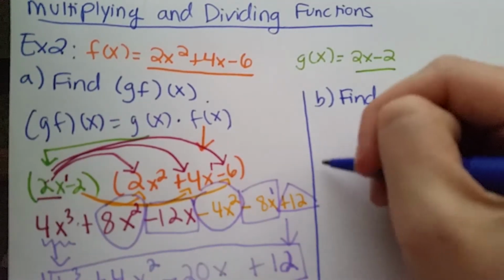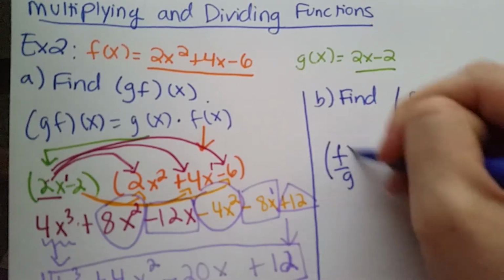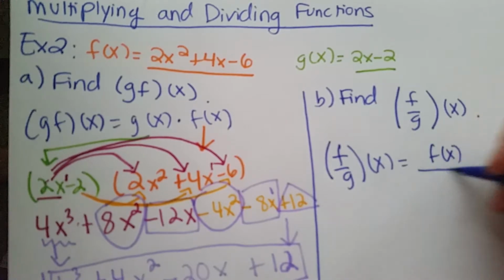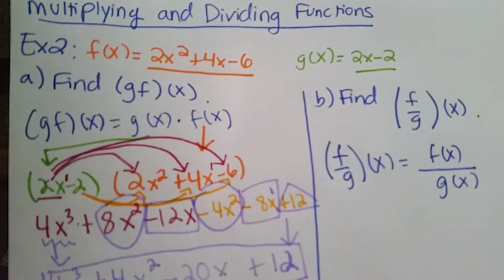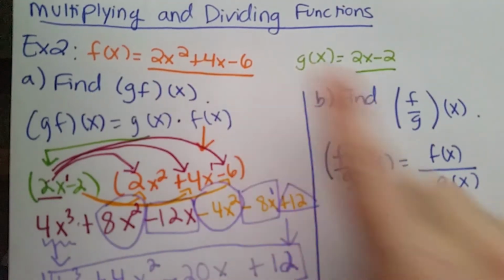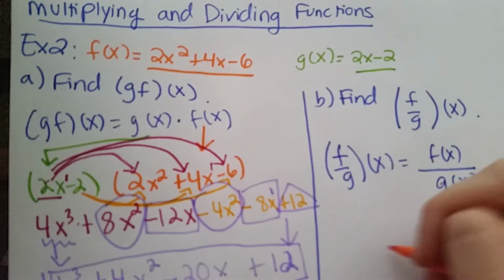The f divided by g of x can be rewritten as f of x divided by g of x, and since fractions mean division, you can write it as a fraction. So I'm going to take my f of x from above and place it in my numerator.